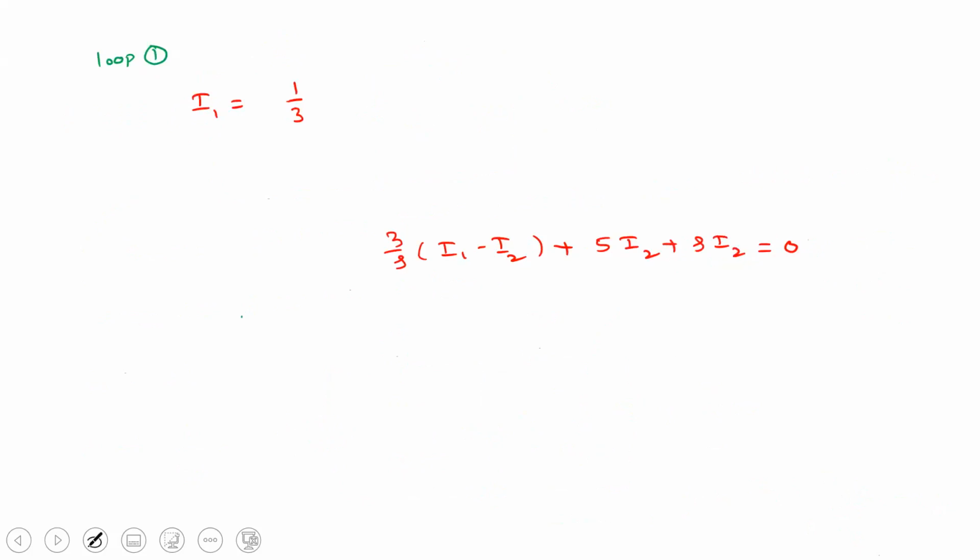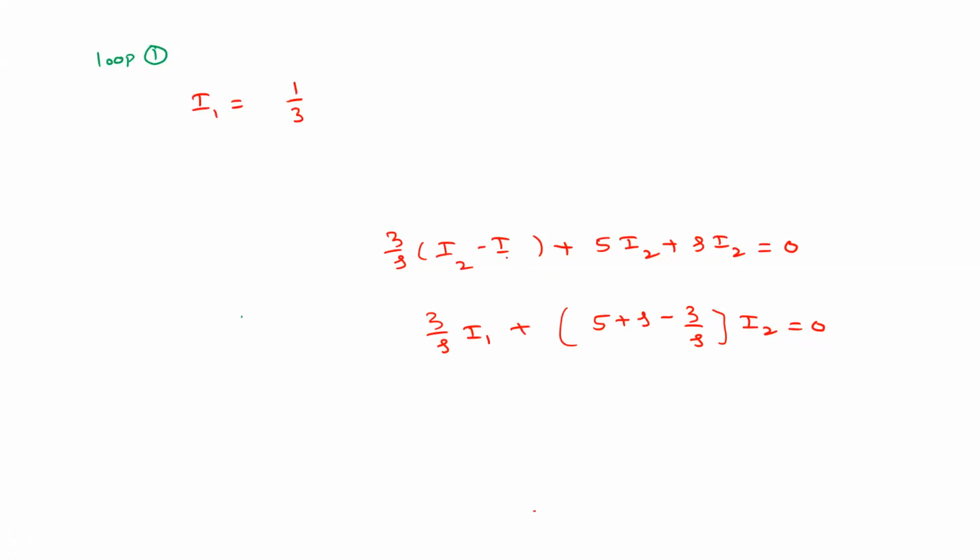Separating the terms: 3 by S into I1, plus 5 plus S minus 3 by S into I2 equal to 0. Is this correct? Shouldn't it be I2 minus I1 in the first one? Yes, it is I2 minus I1, so it will be minus I1, and this will be plus now.